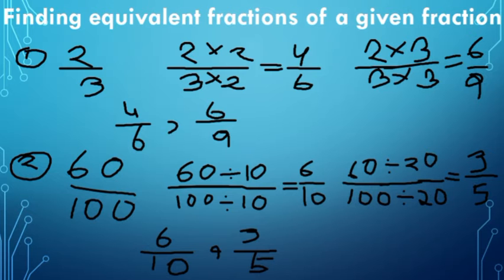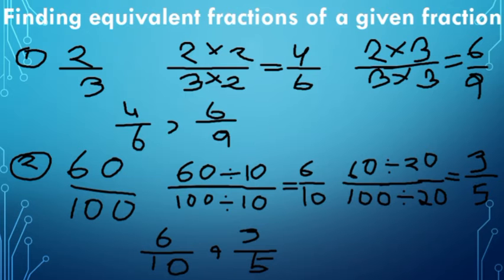Now let's see another example. Let me tell you something. If the given fraction is small, then you have to multiply it, and if the given fraction is large, then you have to divide it. So here it is 60 by 100. You can multiply if you want, but if you multiply, then it will become very large.